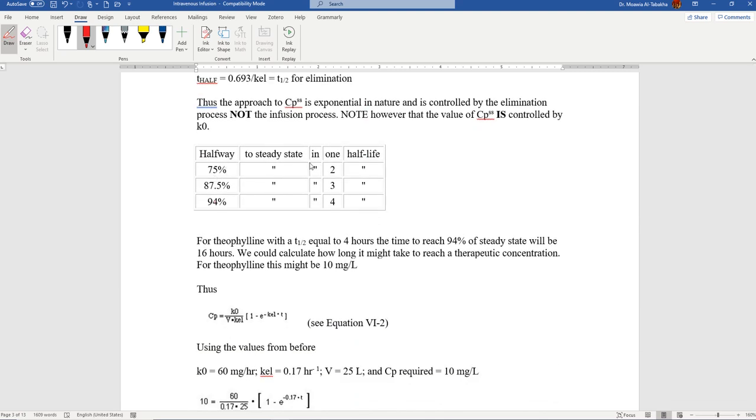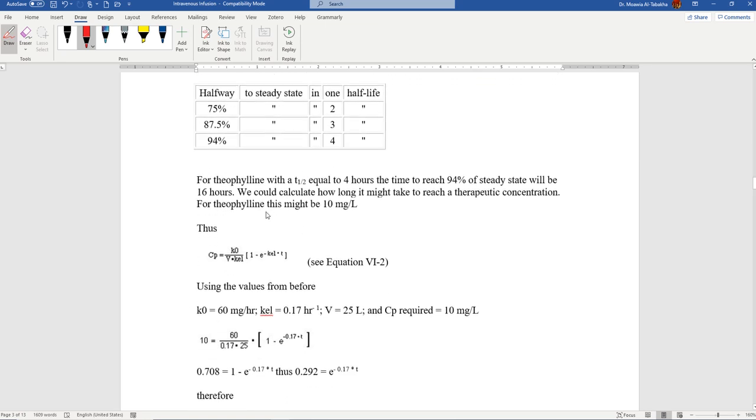I need 2 half-lives to reach 75%, 3 half-lives to reach 87.5%, 4 half-lives to reach 94%, 5 half-lives to reach 96 point something. And I can assume that practically, to reach about 96%, almost the CPSS, I need 5 half-lives, or to reach 94% I need 4 half-lives.